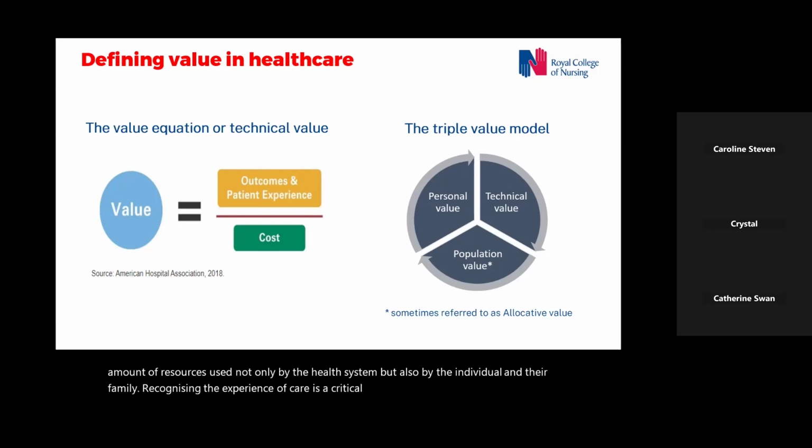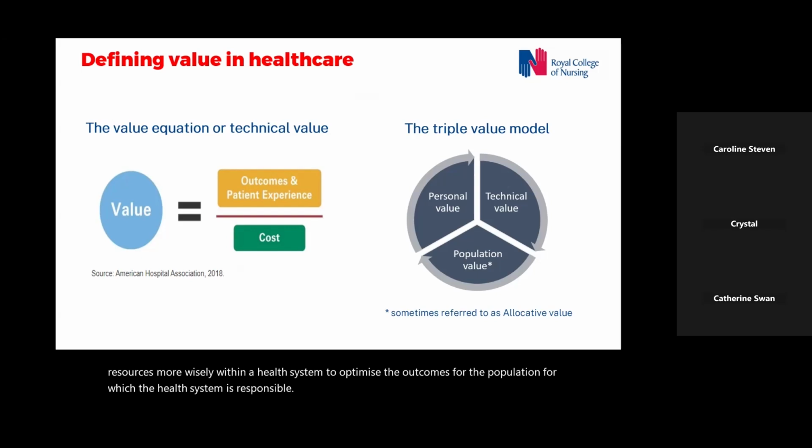The technical value, optimising the use of resources to achieve the best possible outcomes for people being treated within a given pathway or process. And the population value, investing resources more wisely within a health system to optimise the outcomes for the population for which the health system is responsible.